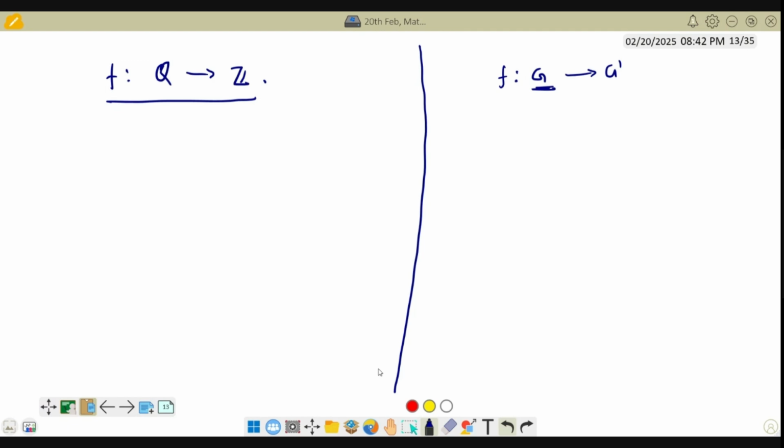So Q is not generated by any element. If it were generated by an element, then we can assign f of that generator equal to some x. But it is not generated, na. So what will you do? Suppose the group is not generated by something. What will be your approach?